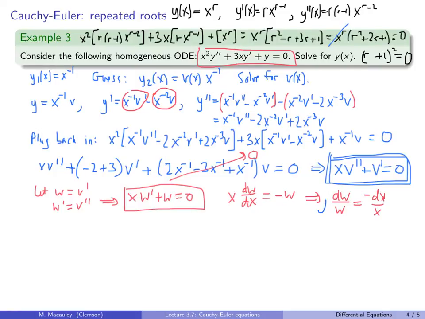Now let's integrate both sides, and I'm going to put the integral inside the negative sign. So now we get the natural log of w equals negative the natural log of x plus c.